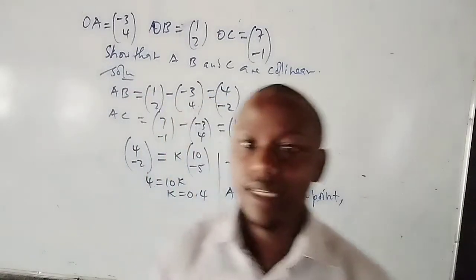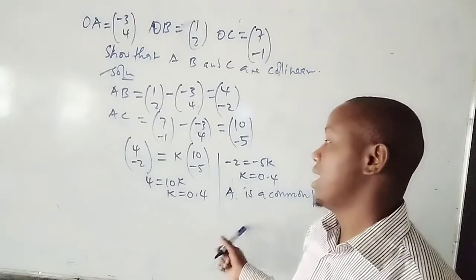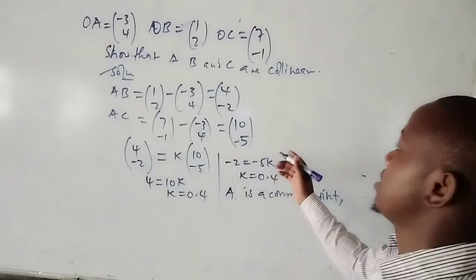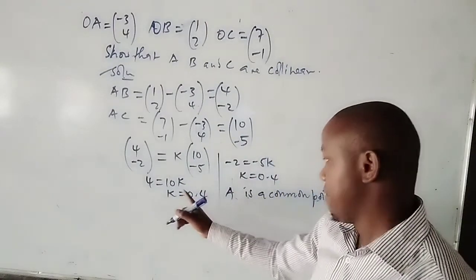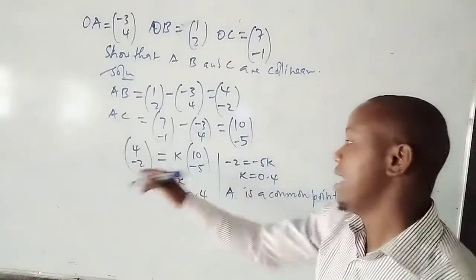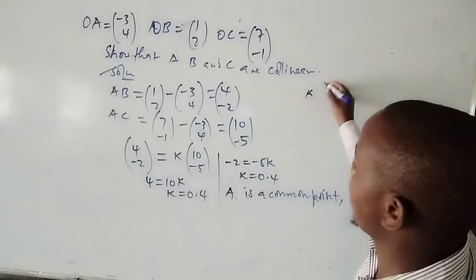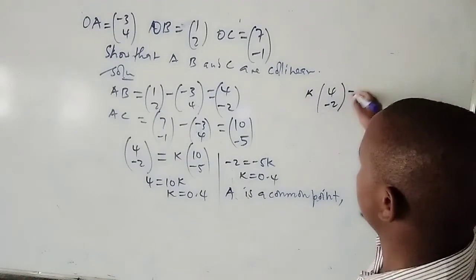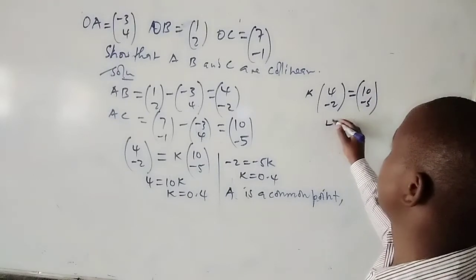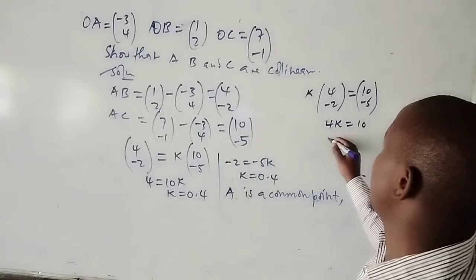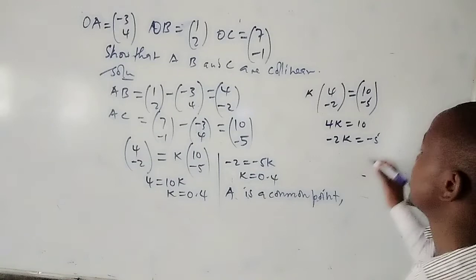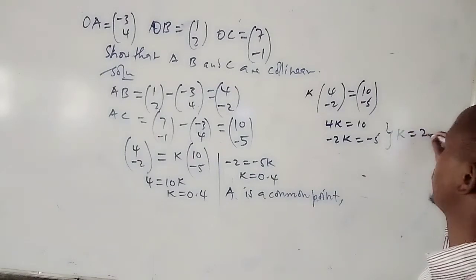Therefore, collinearity is tested by checking a scalar multiplier. Alternatively, the scalar multiplier can be such that this vector is a multiple of the other one. Say the scalar multiplier is k, and we have 10, negative 5. In this case, 4k is equal to 10, and negative 2k is equal to negative 5, and we get the constant 2.5.